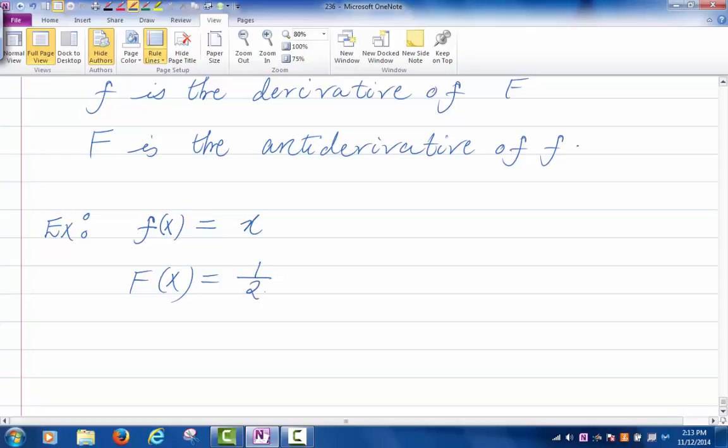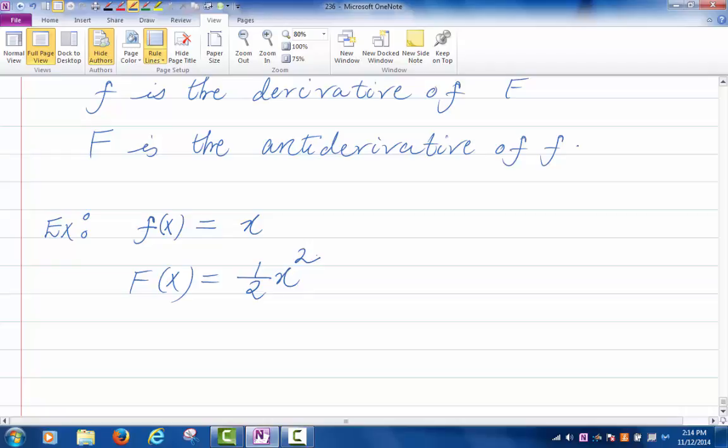Well, you're going ahead of us, so let's just say half of x squared, okay? So half of x squared, notice that if I take the derivative of half x squared, I get exactly x, right? Half times 2x, which is x. So that means that half x squared is an antiderivative of x, right?